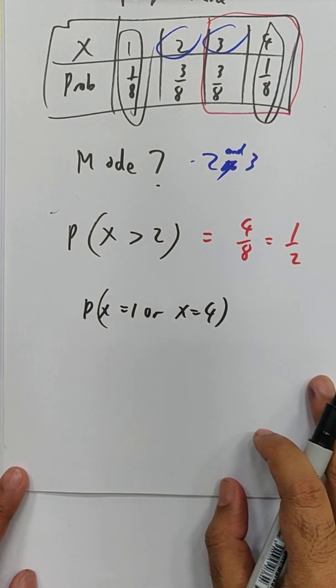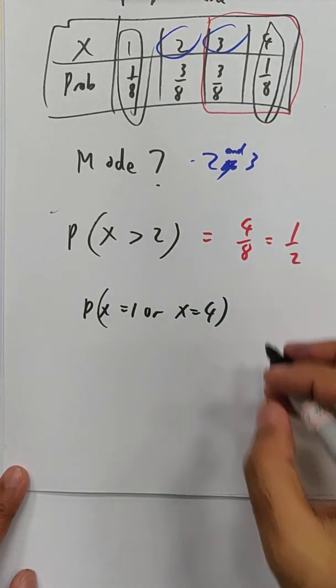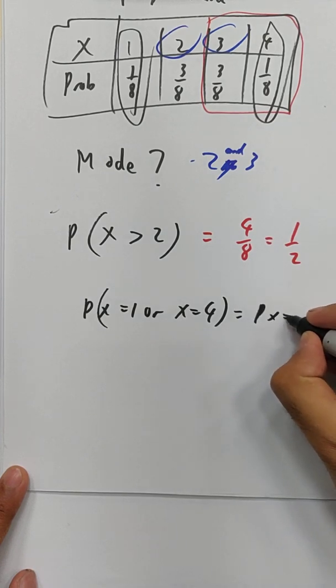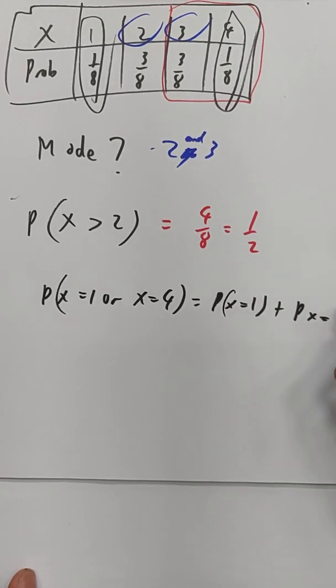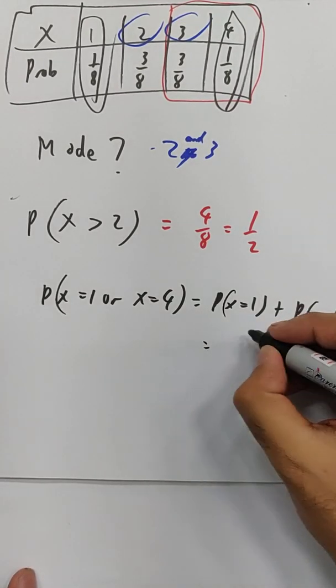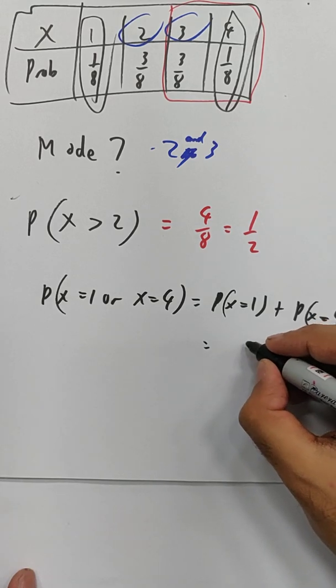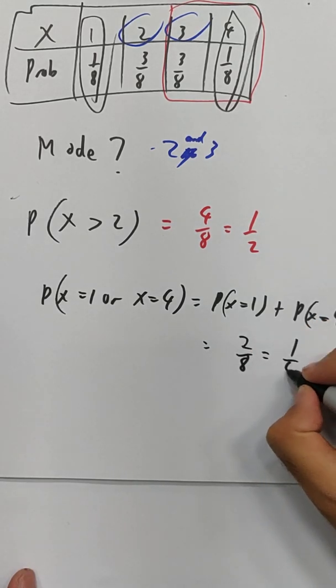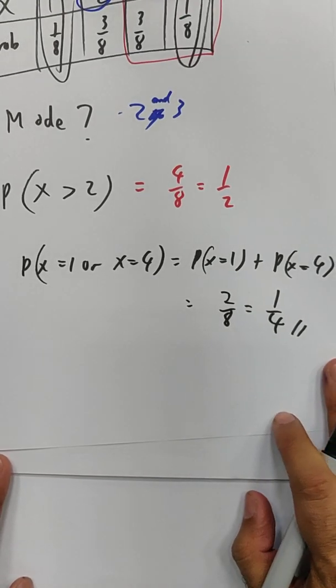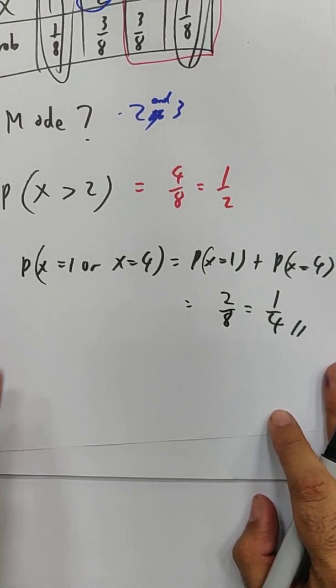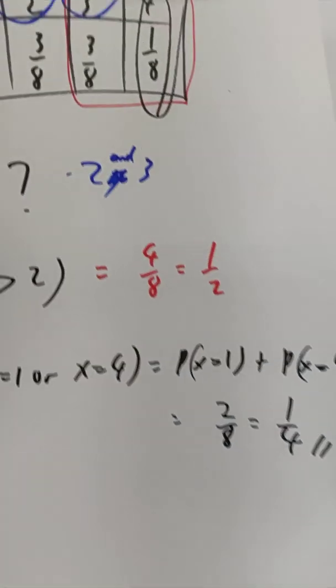So how should we write down our final answer? Should you plus or what? Yep, you should plus. It is a combination of both things. So yeah, it's 2/8, 1/4. You guys okay? Hopefully you're still not dying.